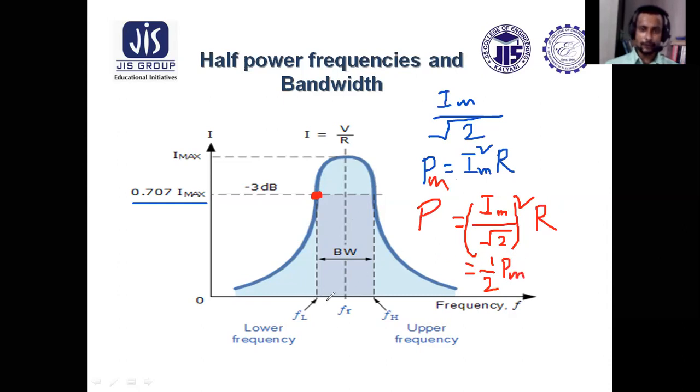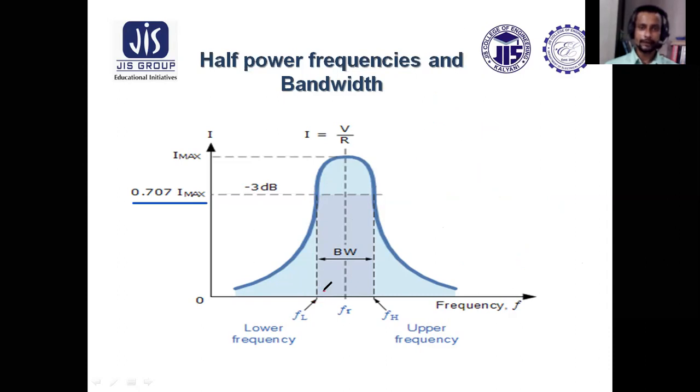So at FL frequency, the power becomes half of the power at resonance. So this frequency point is known as the half power frequency point. Similarly, at this point, current is again Im by root 2, so this is another half power frequency point.